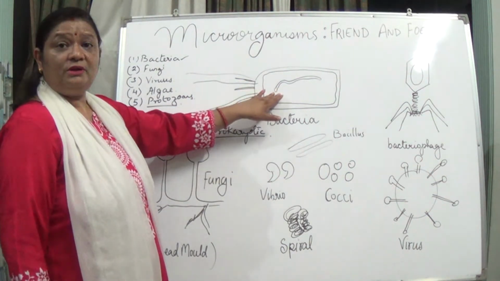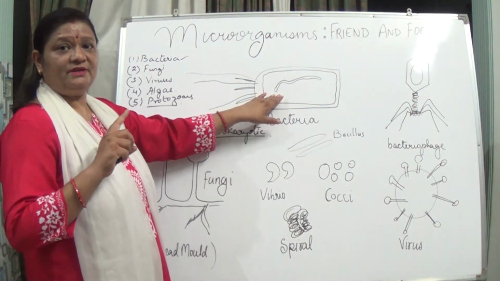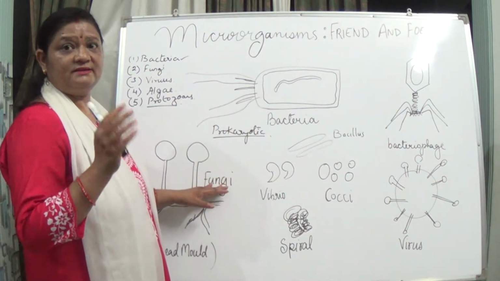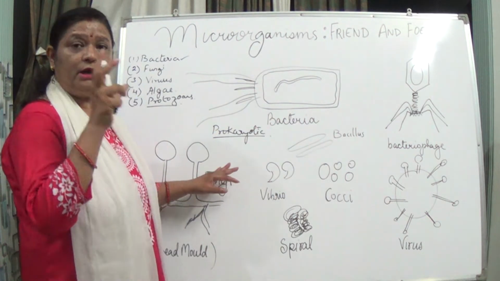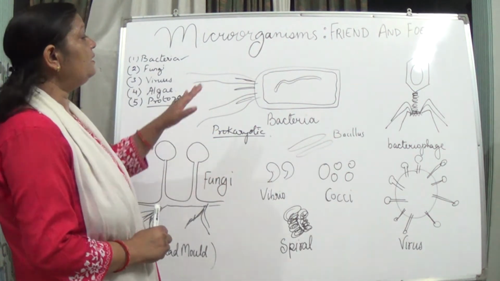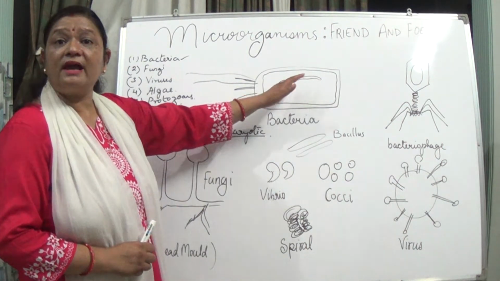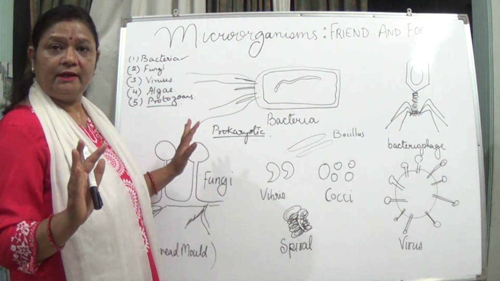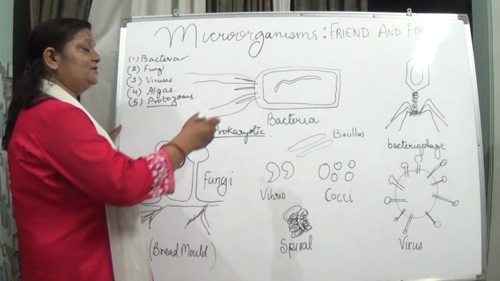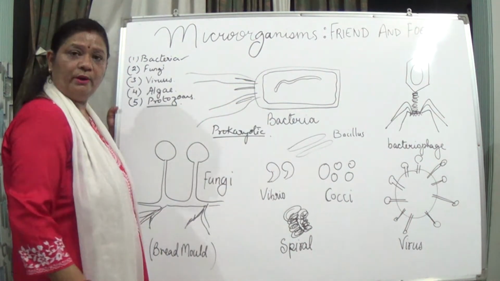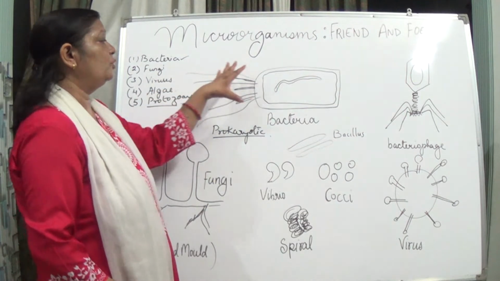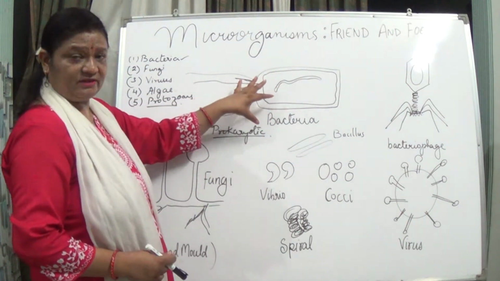We studied in the previous video that animal cells and plant cells have a prominent nucleus with a nuclear membrane. But here we see that the nucleus is just suspended, not having any membrane, and thereby this is known as a nucleoid.